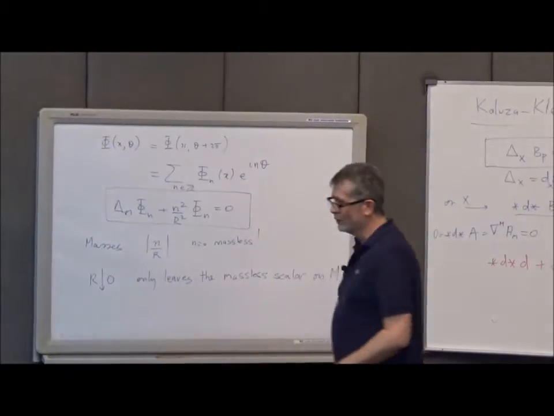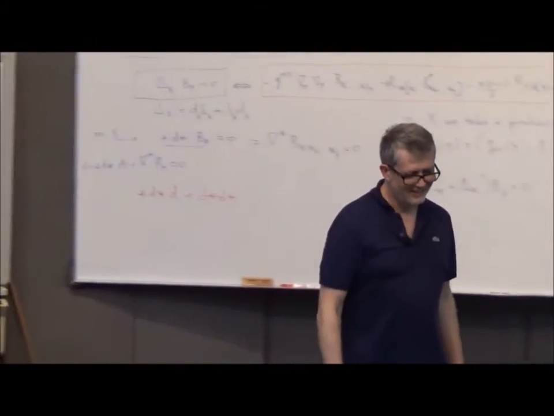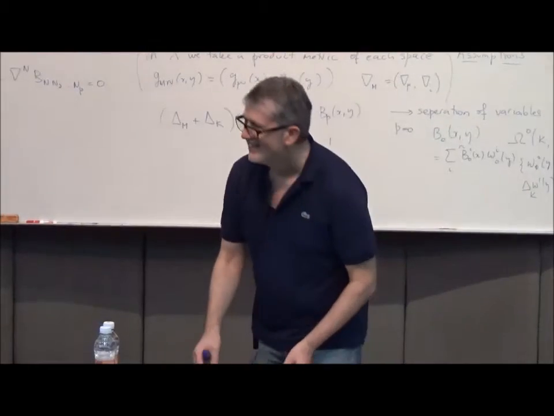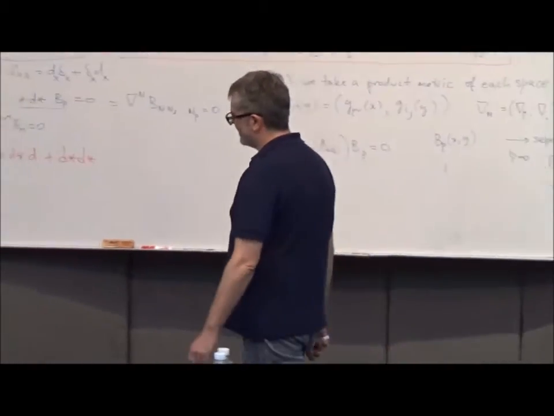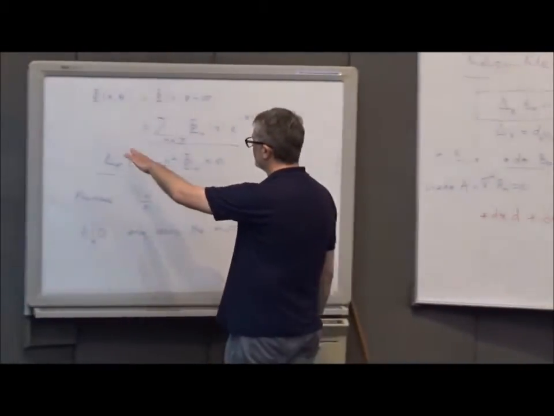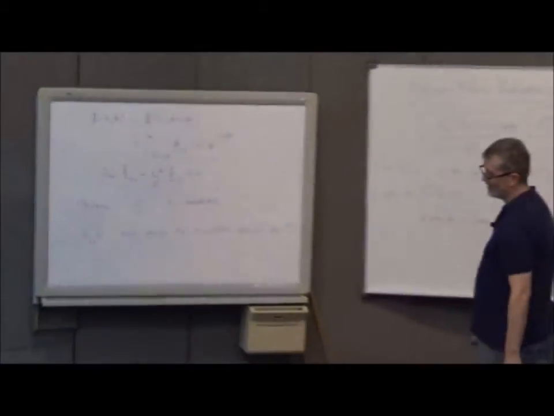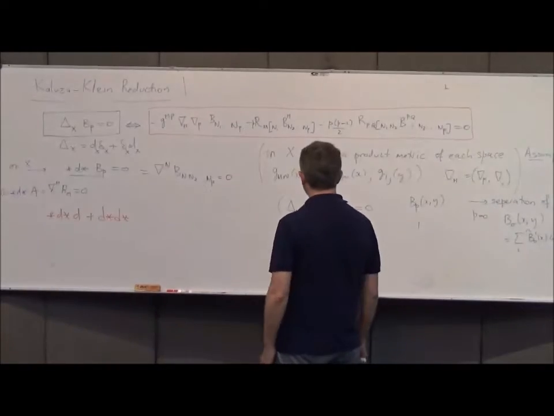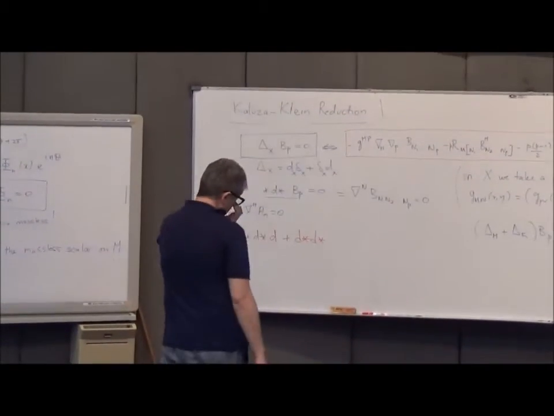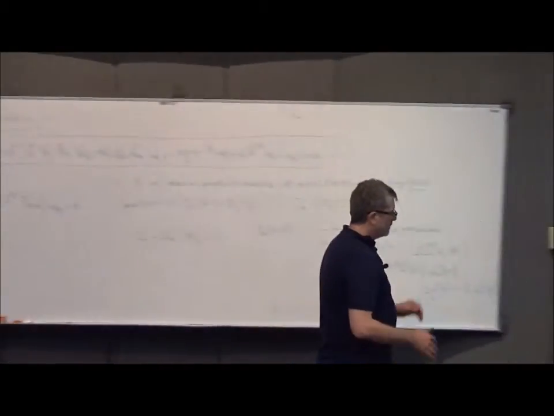Yeah, except I don't think he was working in 26 dimensions. Yeah, I mean, again, it depends on the signs. As I said, if M was Euclidean, then it would be a heat equation rather than anything else. Anyway, let me get rid of this.